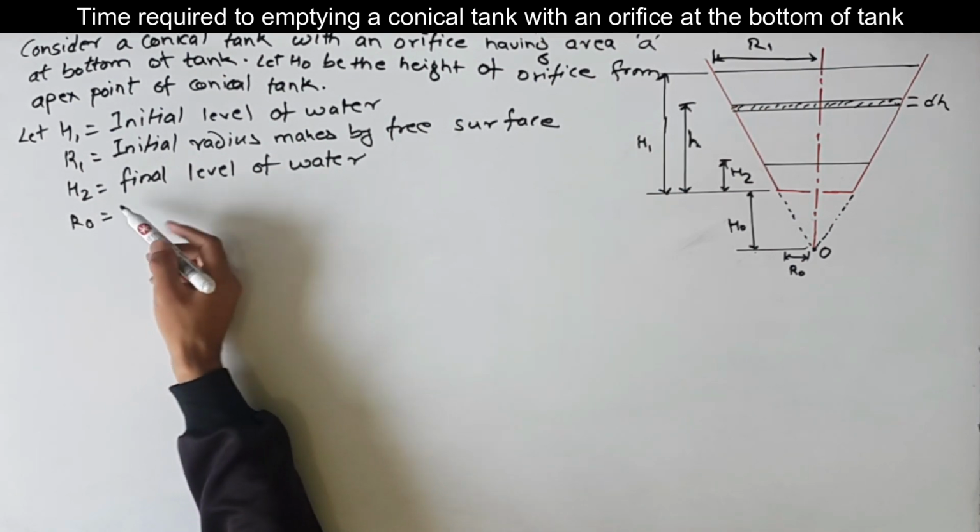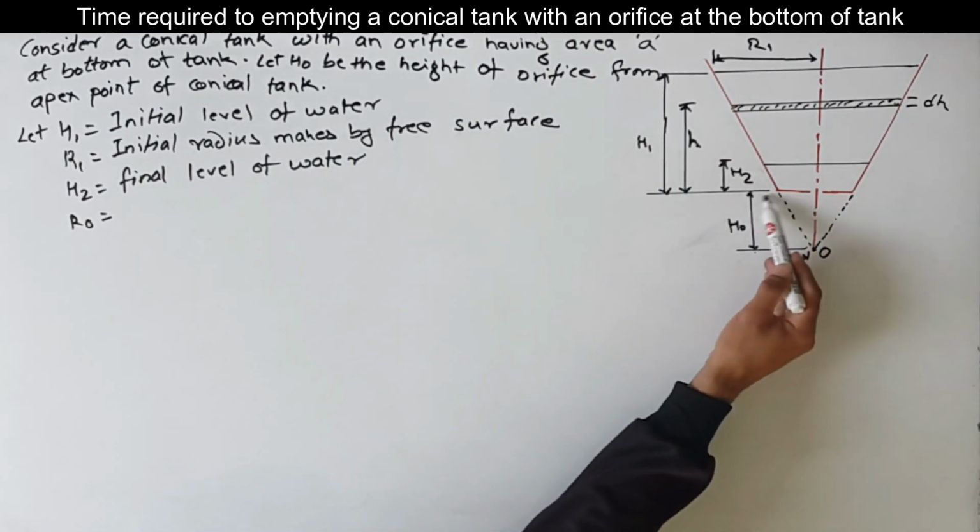So R0 is the radius at the level of the orifice.